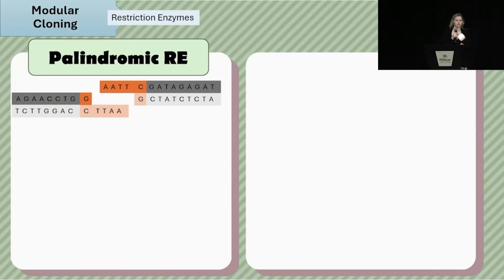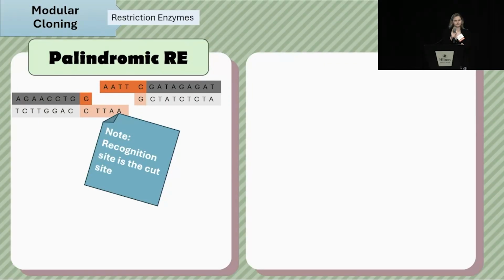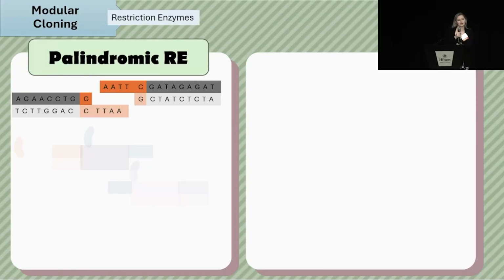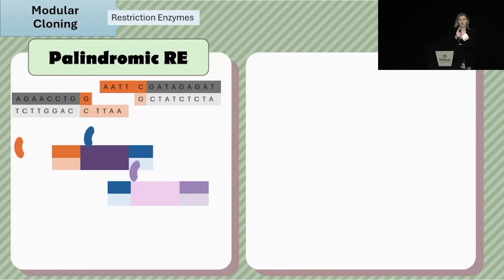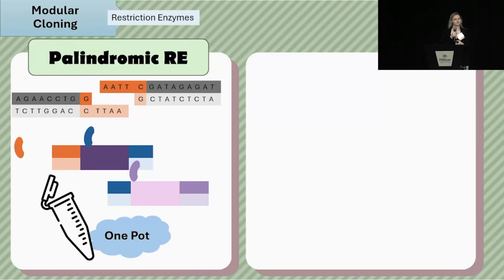Because it's palindromic, this means that you can only use it once in a modular cloning system if you were to use these types of enzymes. So you would have to flank each insert with 2 different enzymes so that you can make sure that your insert is inserted in the correct direction.